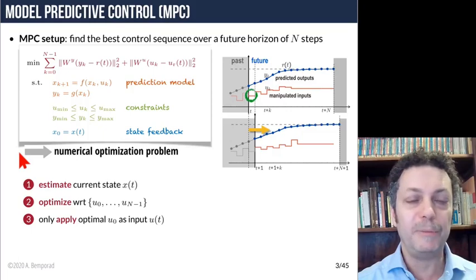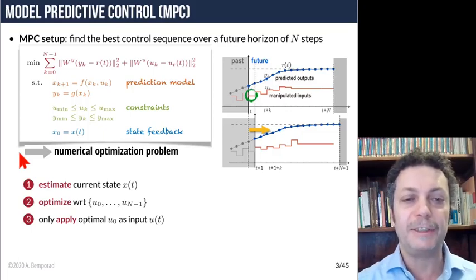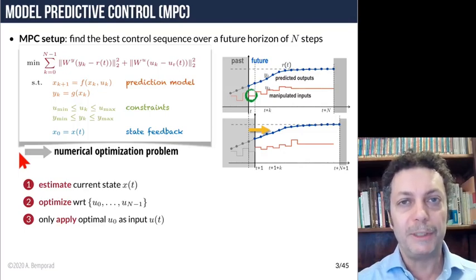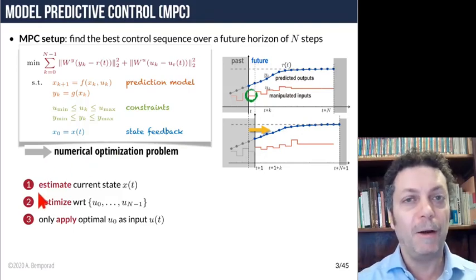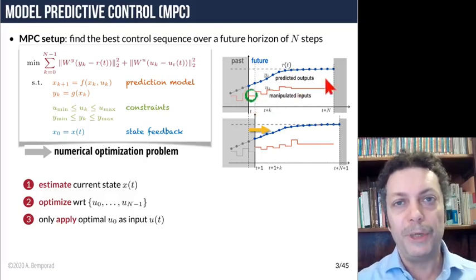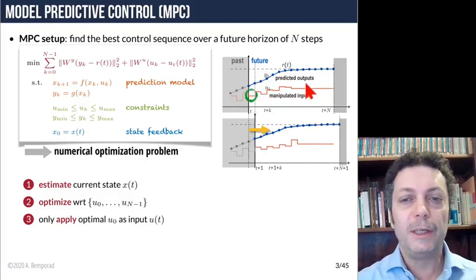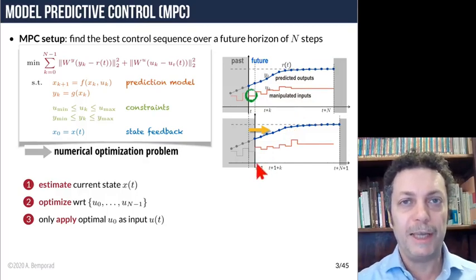And the idea of MPC is the following. We estimate the current state first, then we optimize with respect to the sequence of inputs the optimal control problem we solve, and then we apply only the first sample of the sequence. Why do we want to apply only the first one and throw away the rest of the optimal samples? Because at the next time step, we will acquire the new state, x(t+1), and possibly revise our optimal decision.